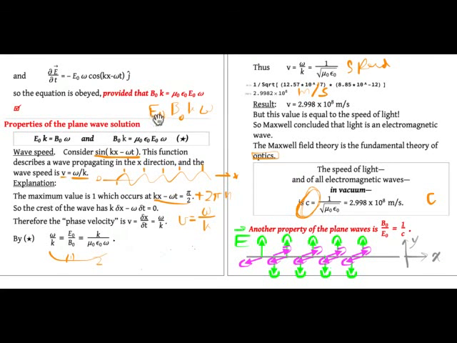So in these 4 parameters, E0, B0, k, and omega, only 2 of them are really independent. If you give me E0 and you give me k, I can tell you what B0 has to be. It has to be E0 divided by c. And I can tell you what omega has to be. Omega has to be c times k.